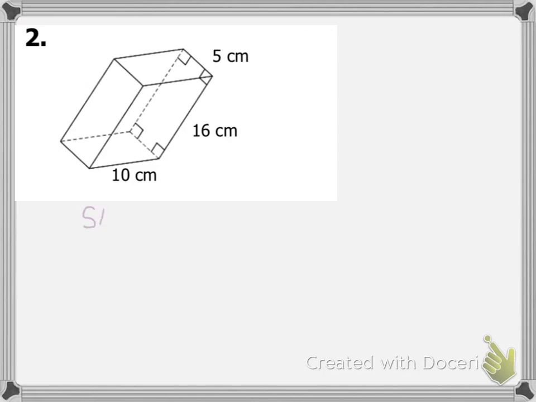So my surface area is going to be 2 times my length times my width, plus 2 times my length times my height, plus 2 times your width times your height.